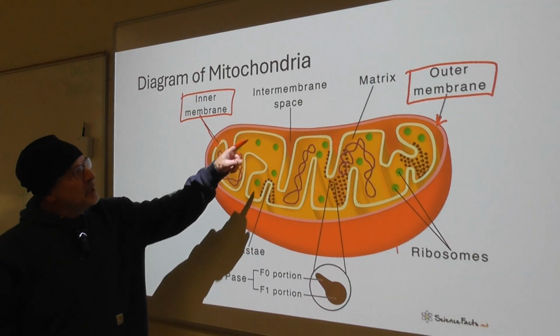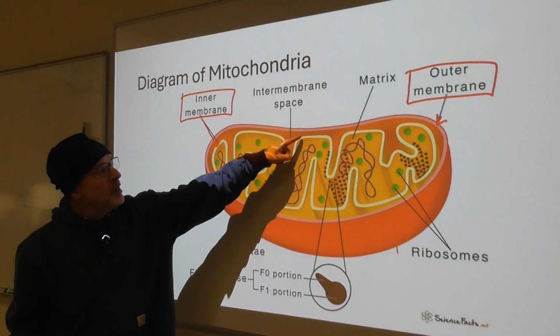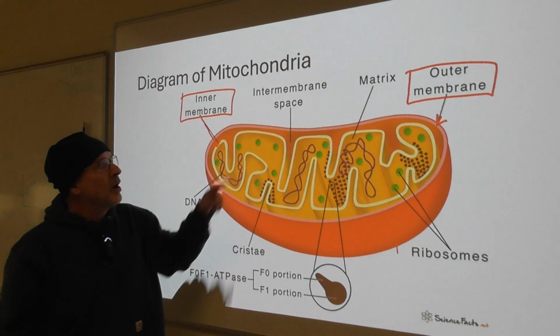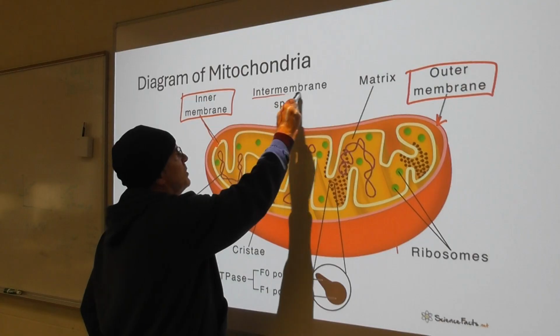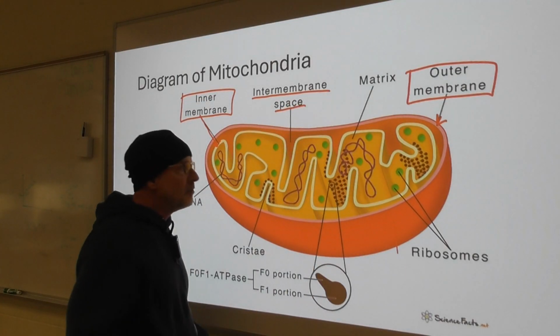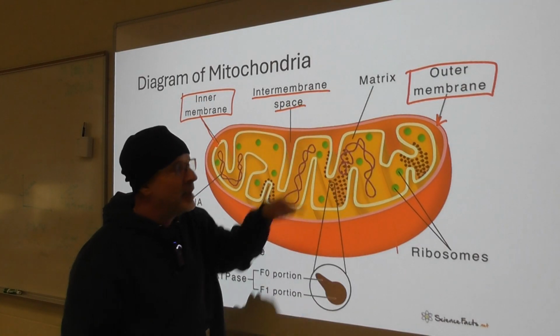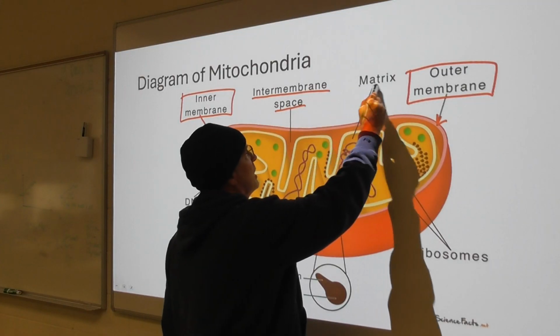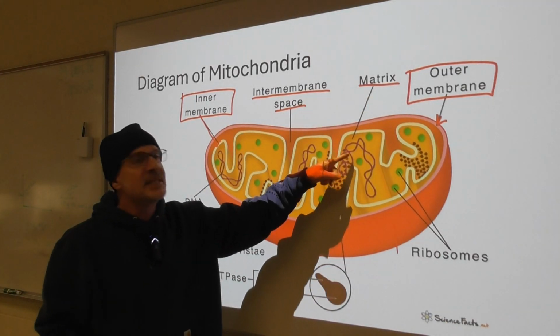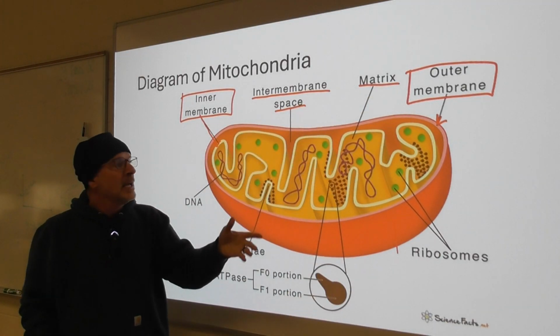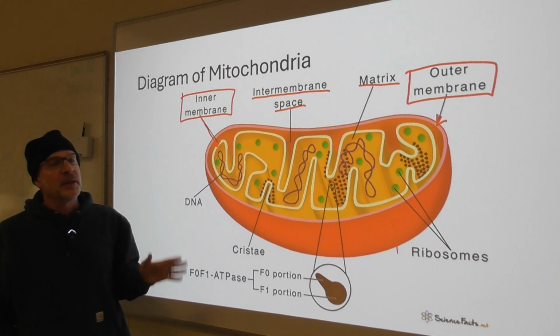And then in between the inner and the outer membrane is a space called the intermembrane space. You saw that in the POGL. And the inside of the inner membrane is called the matrix. Okay, the matrix is like the cytosol of mitochondria, and you'll need to know all of that stuff.